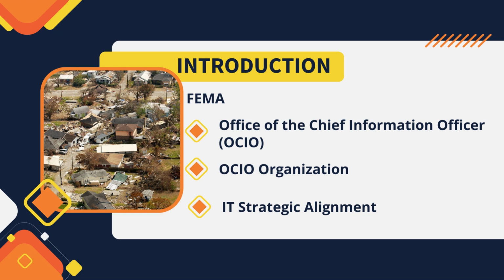The office carefully aligned FEMA's IT strategic plan to both the Department of Homeland Security's Information Technology Strategic Plan and FEMA's strategic plan. From there, 32 strategic initiatives align with or map to the 3 goals and 9 strategic objectives of the plan.